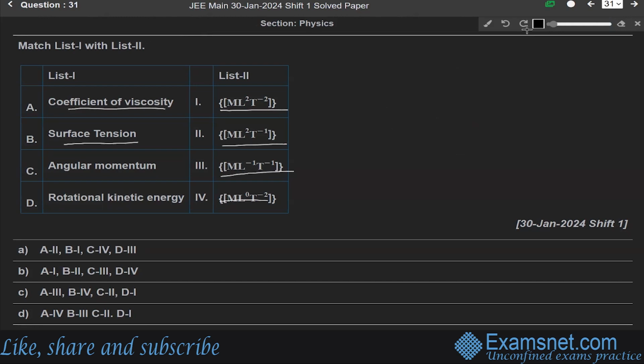So the first one is coefficient of viscosity. The coefficient of viscosity is also known as the dynamic viscosity or simple viscosity. It is a measure of a fluid's resistance to flow.